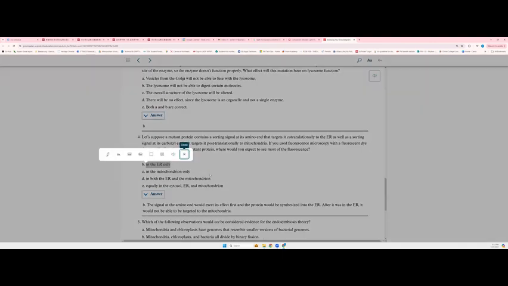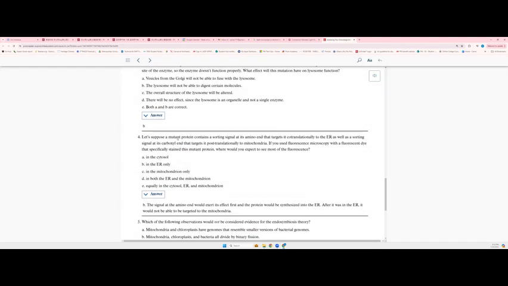Because the protein is synthesized in the ER, right? It isn't synthesized in the cytosol, so we cannot see it in the cytosol. We can see it in the ER, but it mutated, so something happened. It cannot move into the mitochondria anymore, so we cannot see it in the mitochondria.